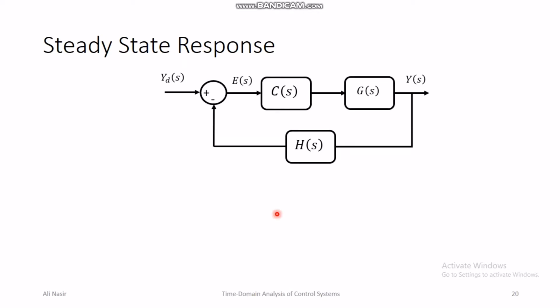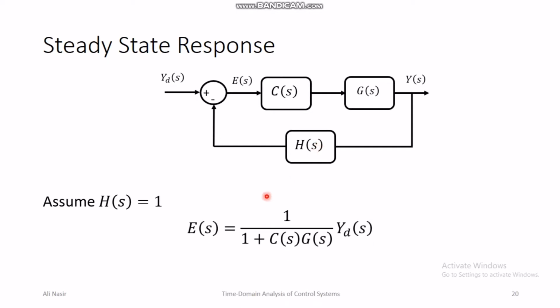If you have a feedback system of this type and you assume H(s) equal to 1, which we do in this course, then the transfer function between the error and the desired input is E(s) over Yd(s), equal to 1 over 1 plus C(s)G(s).